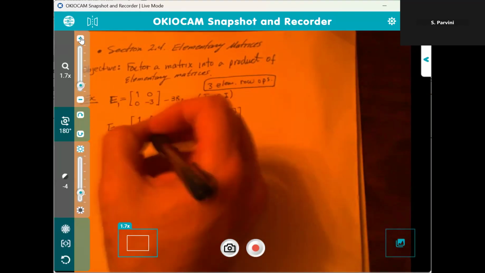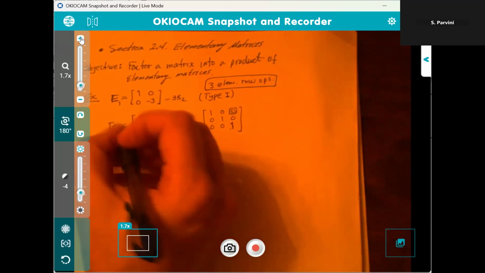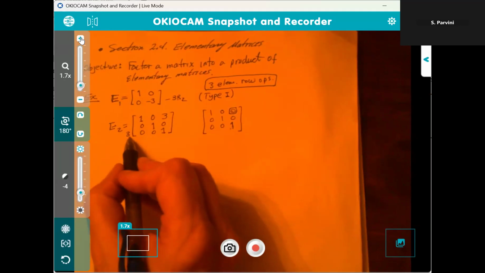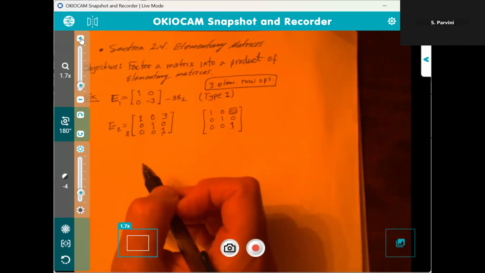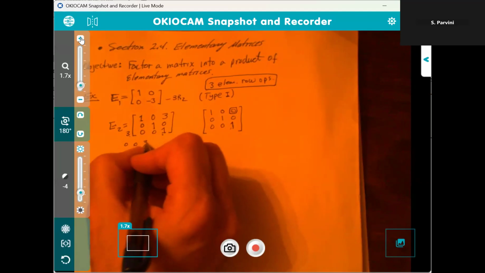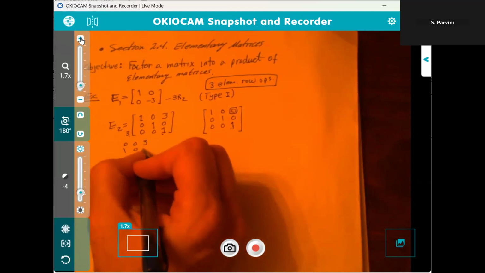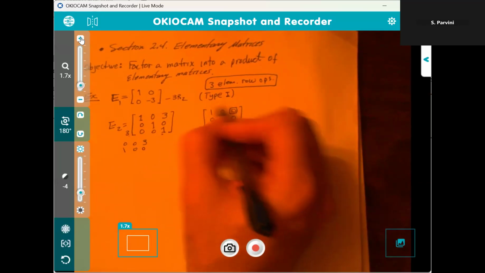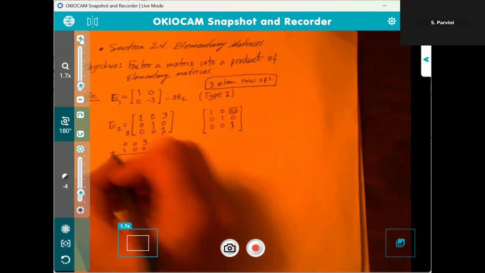Okay, so let me give you the answer. What I did was this. I multiplied 3 times the third row and then added it with the first row. Look, 3 times the third row. That's 3 times the third row. And the first row of the identity matrix is 1, 0, 0. And then add them.